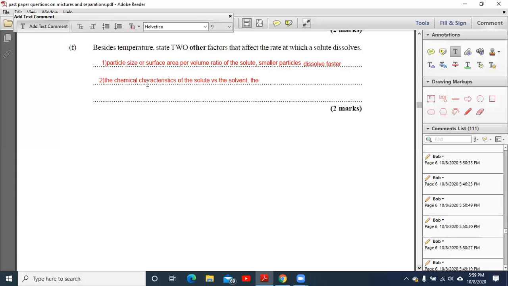So in comparison to the chemical characteristics of the solvent, how are the chemical characteristics of the solute?